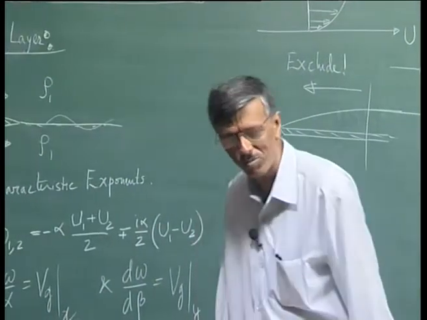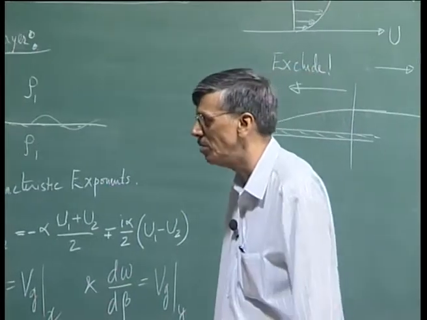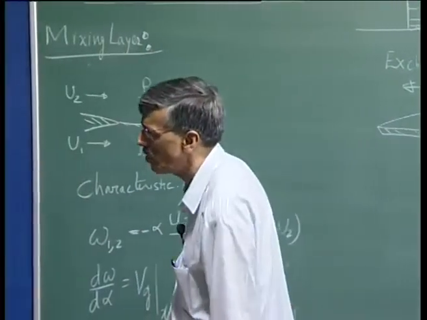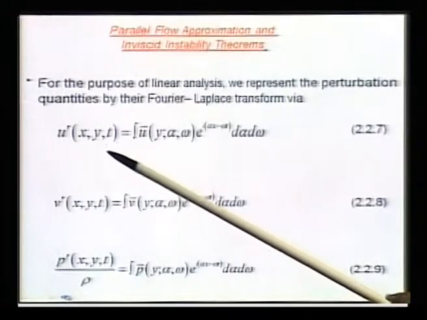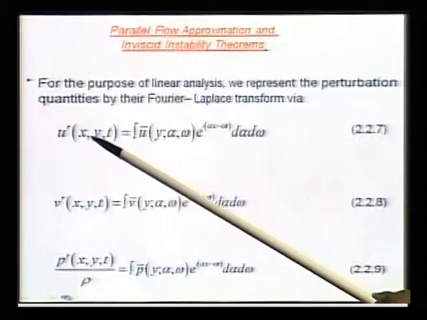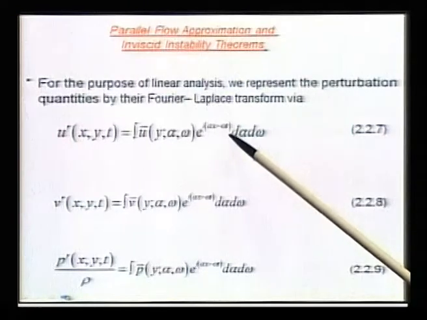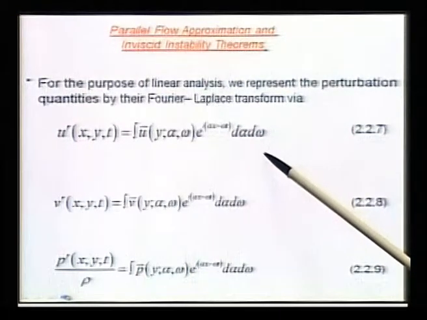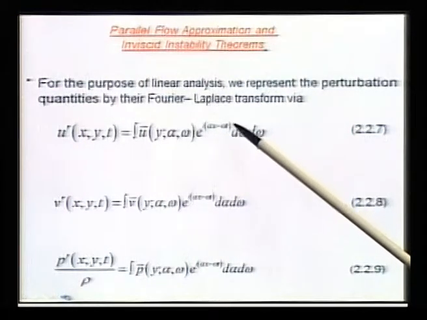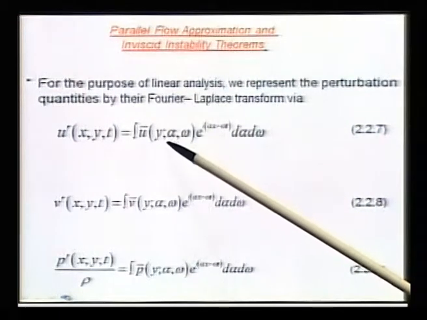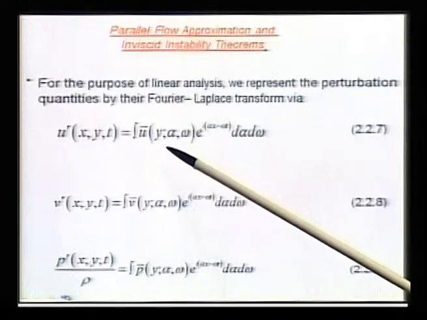We will see that most of the time it will not be feasible. On the left hand side, the dependent variables are functions of x, y and t. In the Fourier integral we have used x and t, so this amplitude must be a function of y, that is the only way it can be, right.